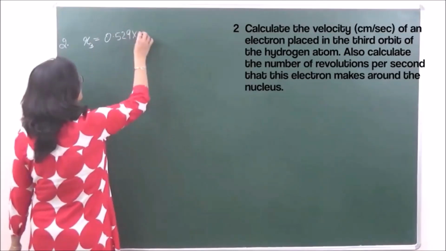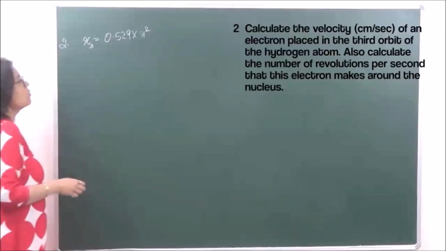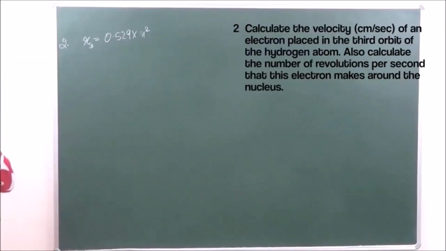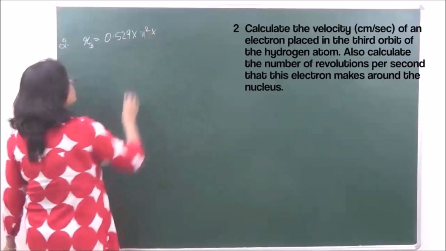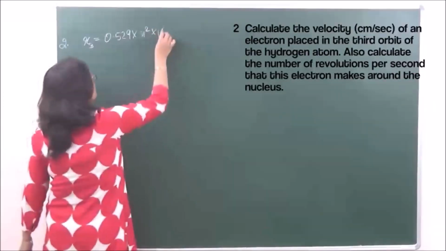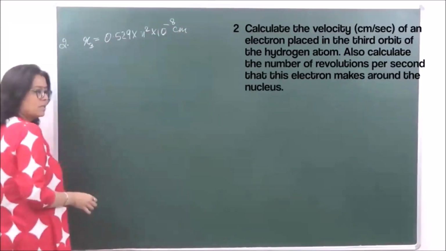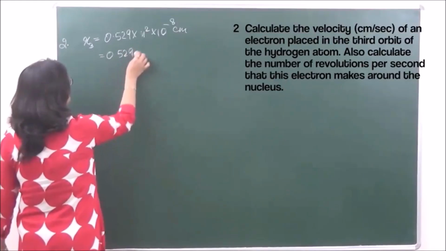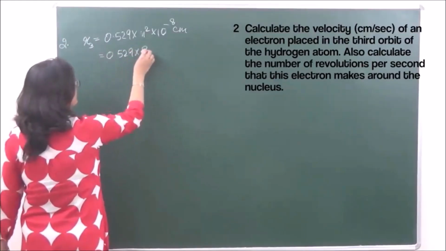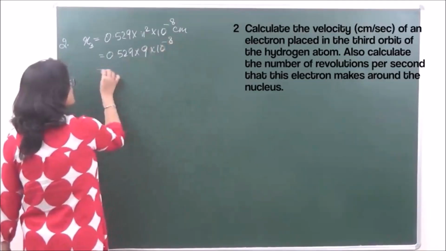0.529 into n square. Okay. So this is in what? 0.529 Armstrong. Okay. So if you want to convert it into centimeters, that will be 10 raised to power minus 8 centimeters. So this is 0.529 into 3 square, which is equal to 9 into 10 raised to power minus 8.